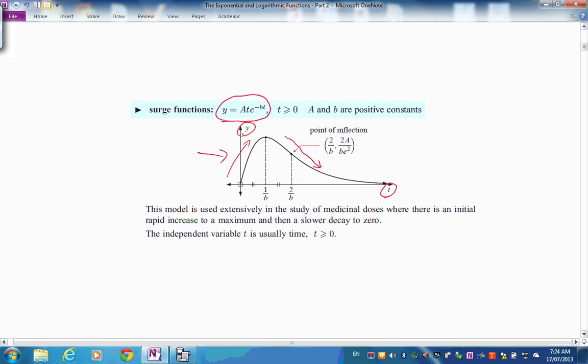All right, so some current surges can be modelled like this, but probably the most common one is when you have medicinal doses of drugs and stuff in dentistry or medicine, and there's an initial rapid increase and then a slower decay to 0.